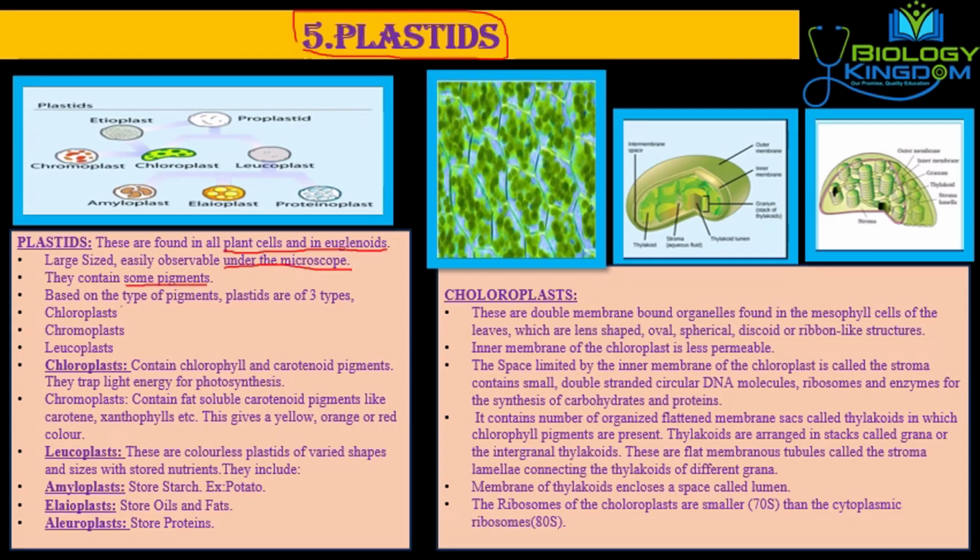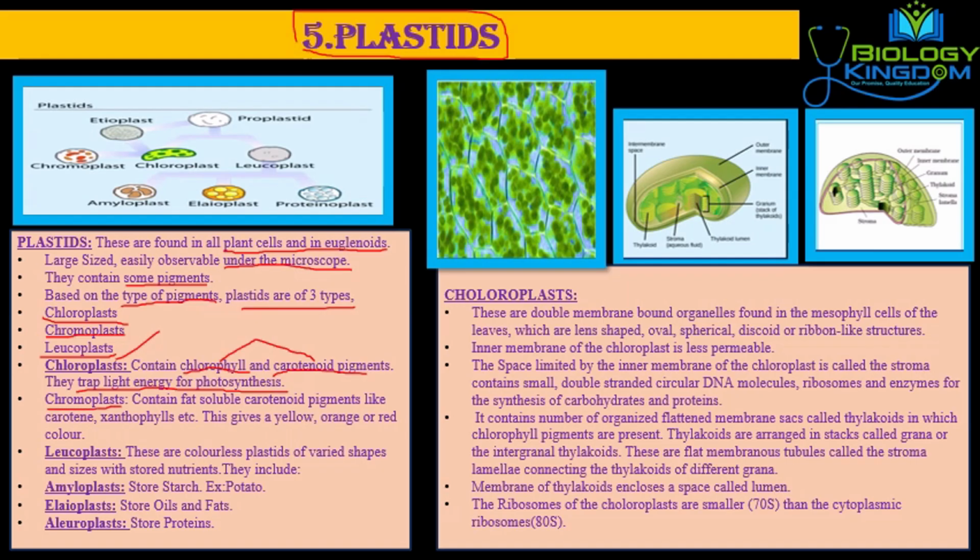Based upon the type of pigments present, plastids are classified into three types: chloroplasts, chromoplasts and leucoplasts. If they contain a pigment called chlorophyll, and carotenoid pigments also, a combination of chlorophyll and carotenoids, then we call that plastid a chloroplast, which is helpful in trapping of light energy for photosynthesis.